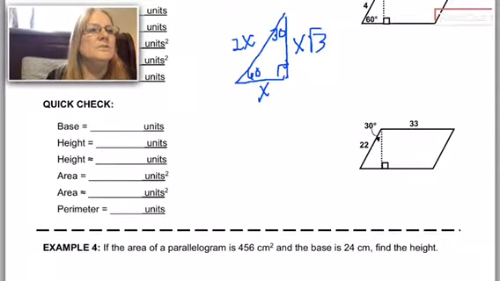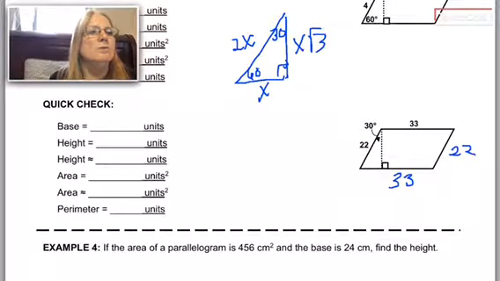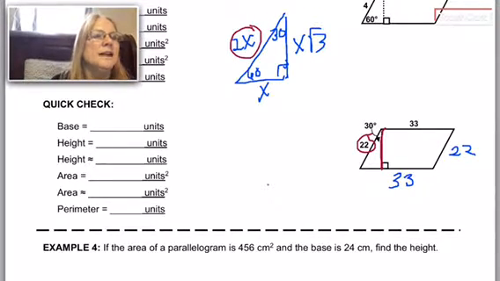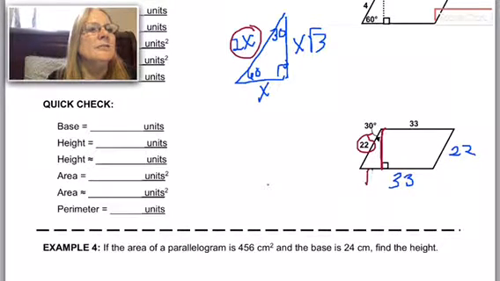Okay, I hope you paused. We have 33, 22, and so what we need, let me get a different color, is the height. So we have 22 right here across from 90. So that is 2x. So x would be 11. That would make this 11, and that would make this 11 to the square root of 3.